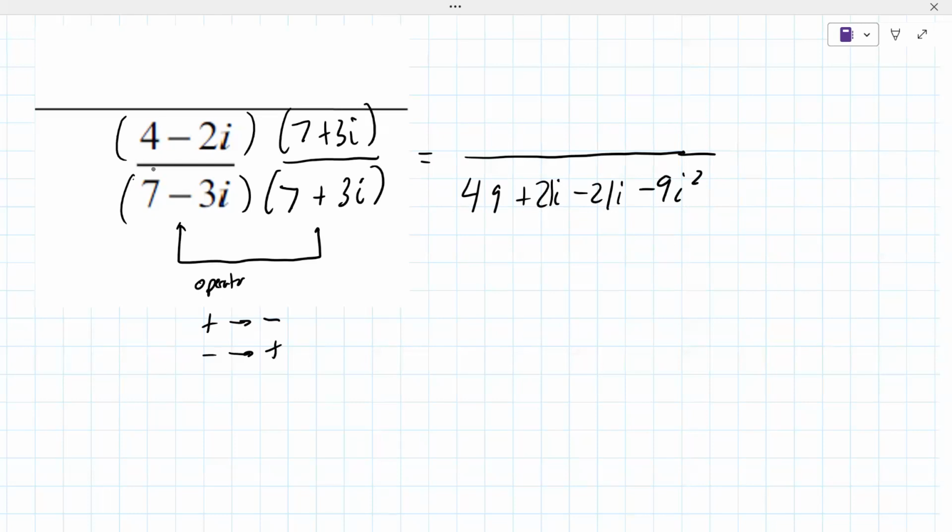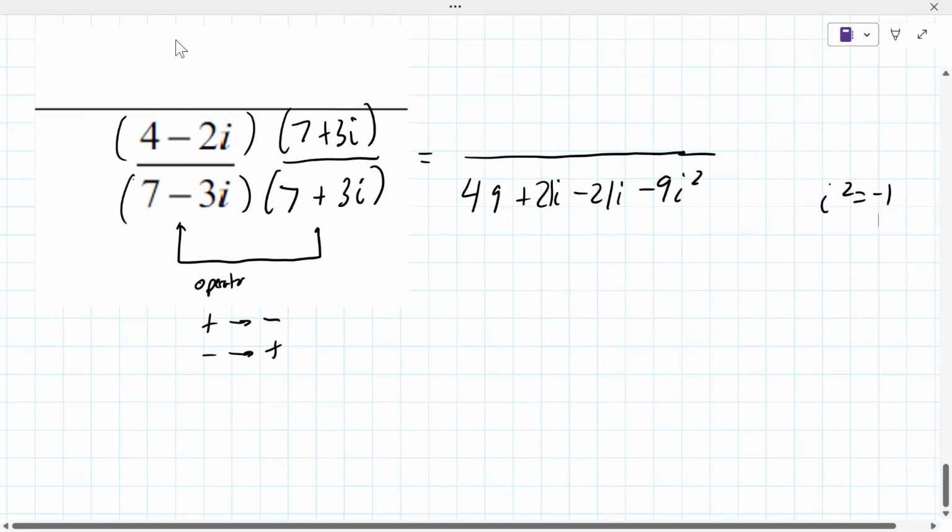I want you to FOIL the top. Apologize if I didn't say that. Let me know what you come up with for the top, please.